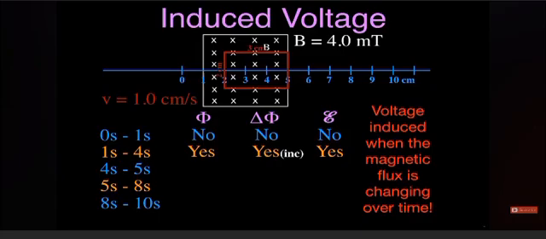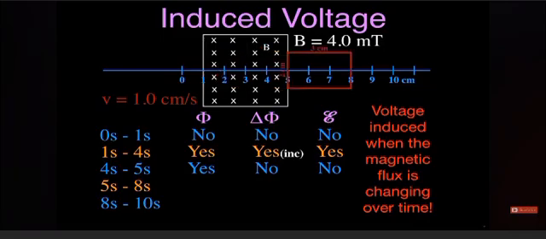And so if we continue to trace the movement of that coil from 4 to 5 seconds, there's going to be a flux, yes, but there's not going to be any change in magnetic flux.